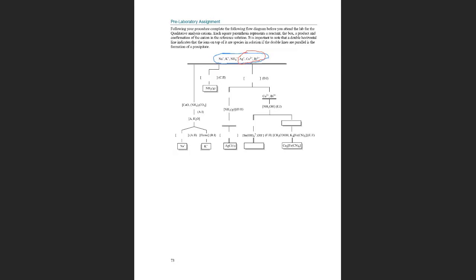When you read the procedure, because it's a lot of reactions that you need to read, you will see that you are going to add hydrochloric acid, 6 molar, to this sample.